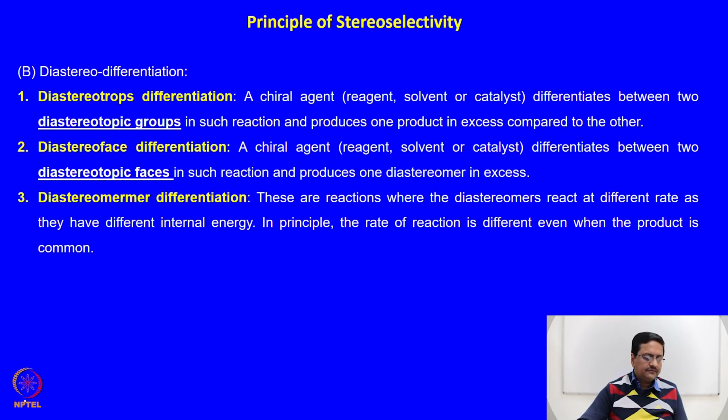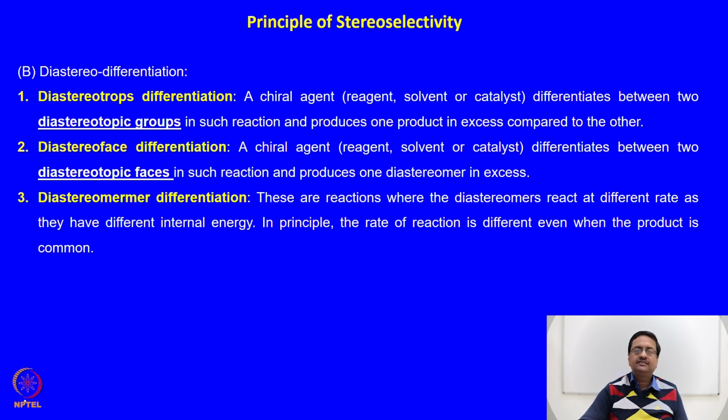The other type of differentiation is called the diastereodifferentiation. Diastereotopic differentiation means a chiral reagent, solvent or catalyst differentiates between 2 diastereotopic groups in such a reaction and produces one product in excess compared to the other.